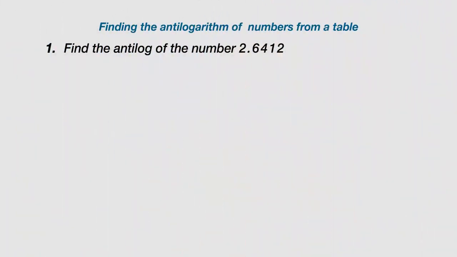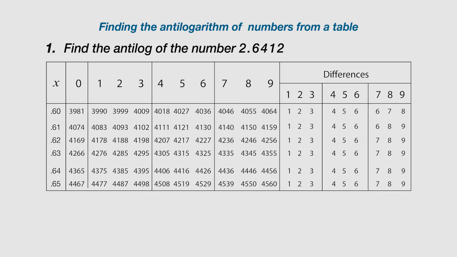The first example says, find the antilogarithm of the number 2.6412. Now, in this log, the 2 is the characteristic, and 6412 is what we call the mantissa. So we look for 0.64 under x in your table. Then you run your finger horizontally along to the column which is headed 1.